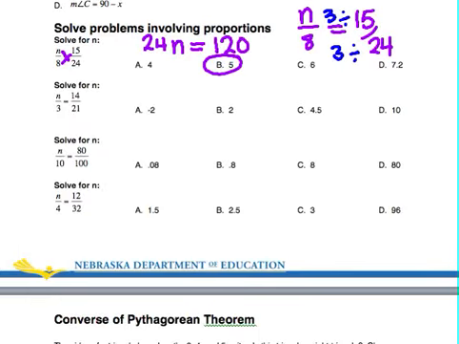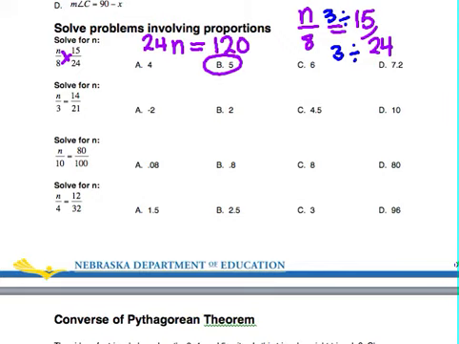Let's look at that very last one and see how you do. N over 4 equals 12 over 32. Now this is one where you could eliminate a lot of answers because they just don't make sense.